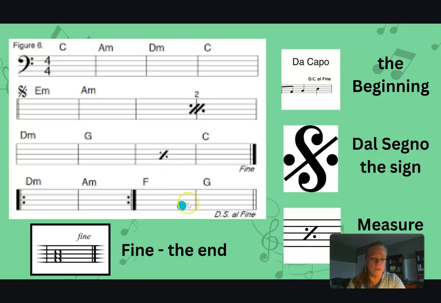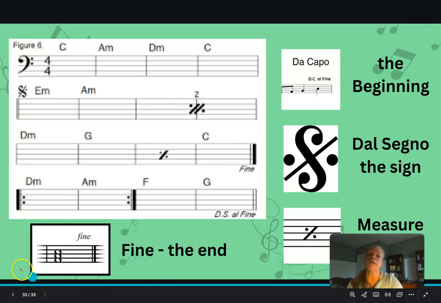And so whenever you have a DS al fine, like if we get here, we have to go back to the sign. And that's where we start to play again all the way until we get to the fine. Now, there are other repeat things that happen, and there are strange situations all over the place. Don't be scared of the signs and symbols you can see. They are incredibly helpful and will tell you exactly where you need to go.